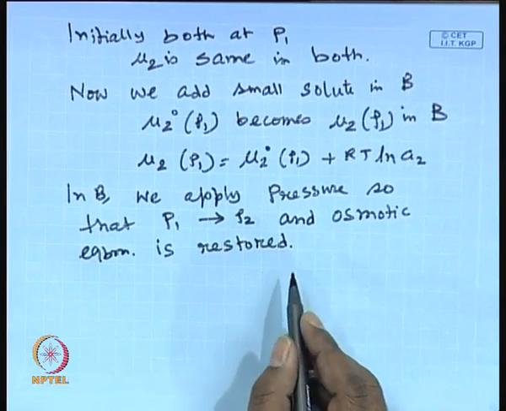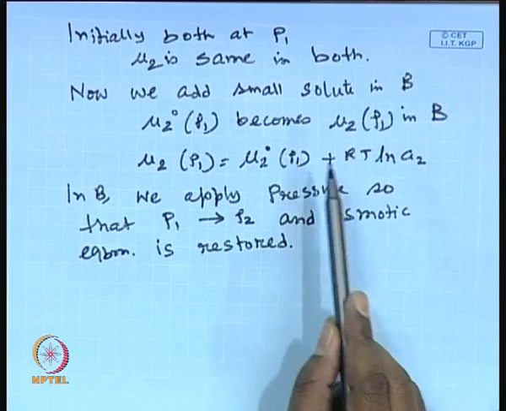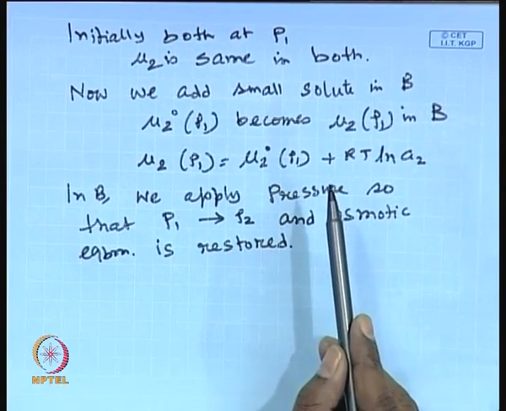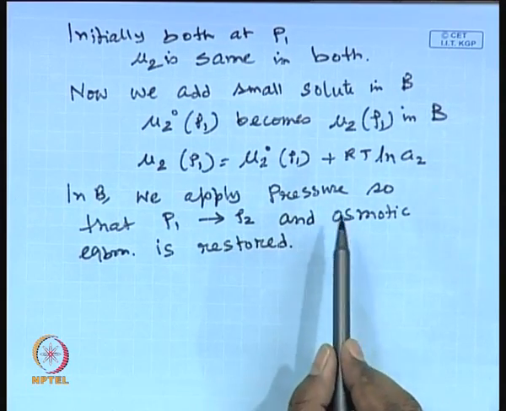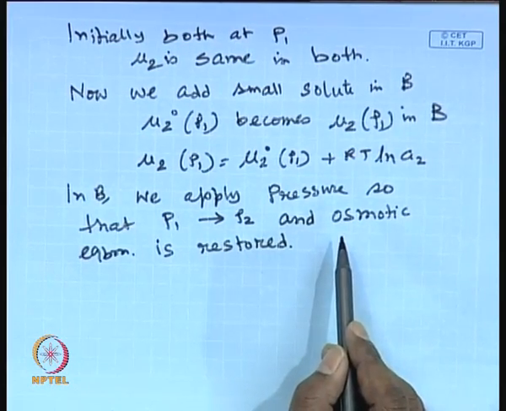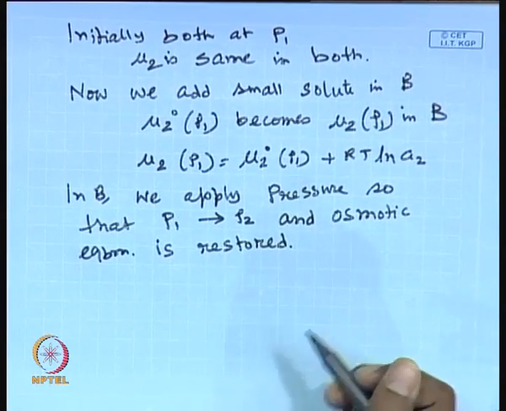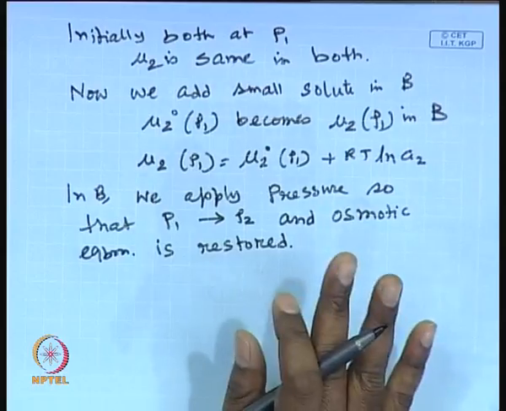Why are you applying pressure? Because when you are adding a salt in chamber B, more solvent will be coming from the solvent side to the solution chamber, from A to B, as the solvent concentration is less there. Now, you apply pressure in chamber B and raise it, so that the solvent flux will be arrested and an equilibrium will be restored, that is known as the osmotic equilibrium.